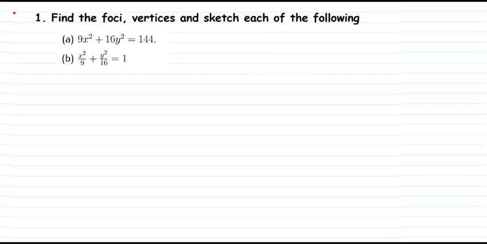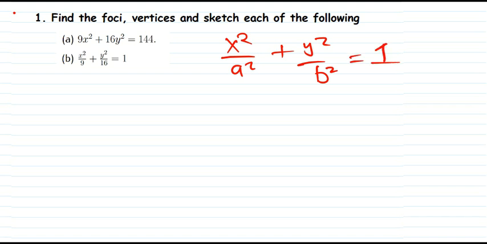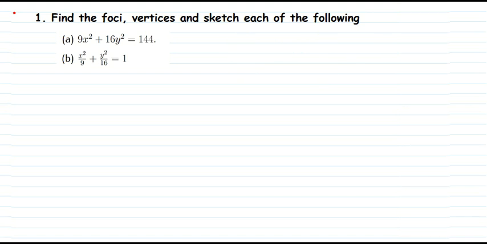I hope that's clear. Now each time ensure that they're in the form of x squared over a squared plus y squared over b squared is equal to 1. For the first one, you can see that it's not in that form, so we have to put it in that form.